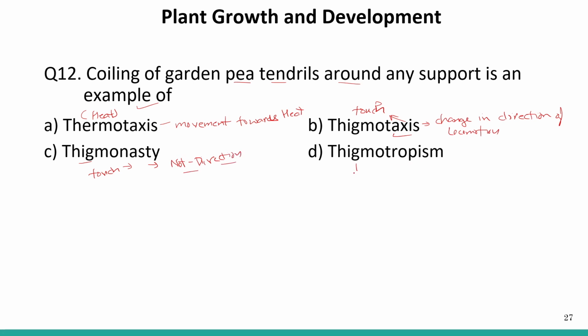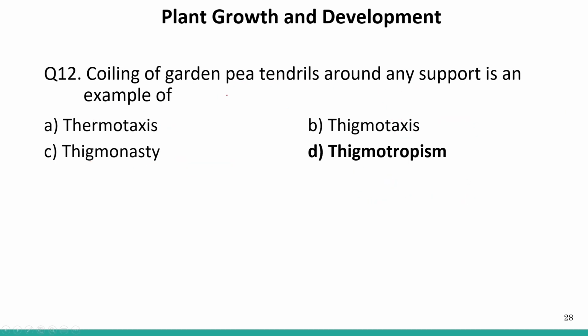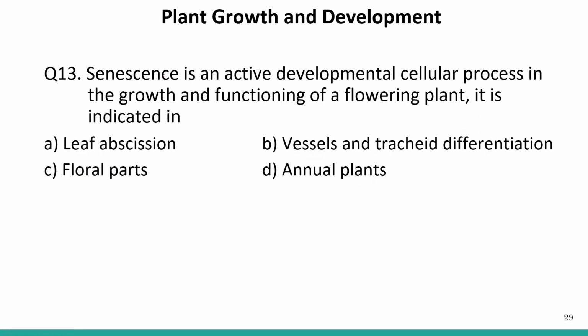Again related to touch, but the movement is directional. So in the question, coiling of garden pea tendrils towards any support is an example of option D, thigmotropism.